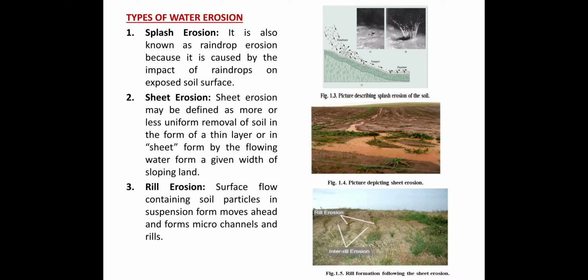Such erosion due to the action of surface flow is called the rill erosion, and it is also called the micro channel erosion, because there is development of rills, which could be said to be micro channels.